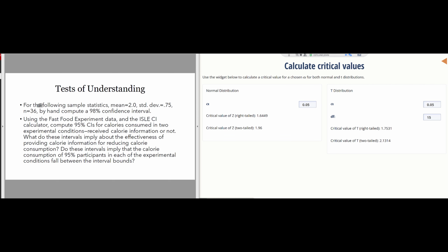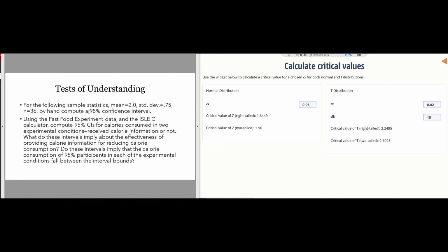The first thing that we need to do is figure out what our critical value is. This is a sample of size 36. It's well less than 100. It's just a little bigger than 30. And so I am going to be a good citizen and use the t-distribution instead of the normal distribution to figure out my confidence interval.